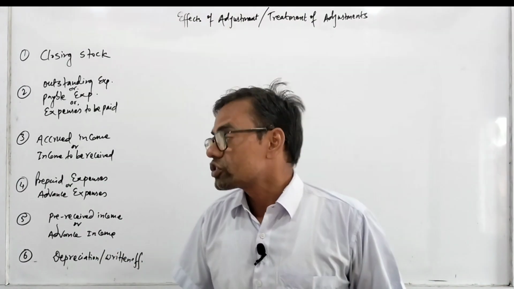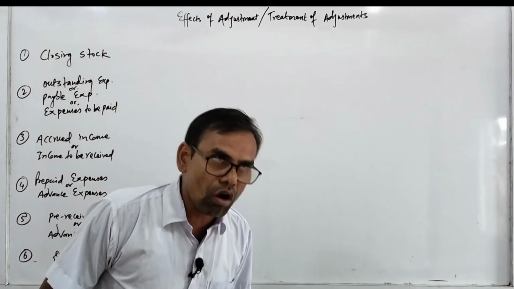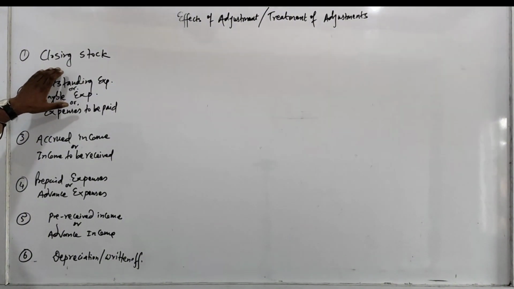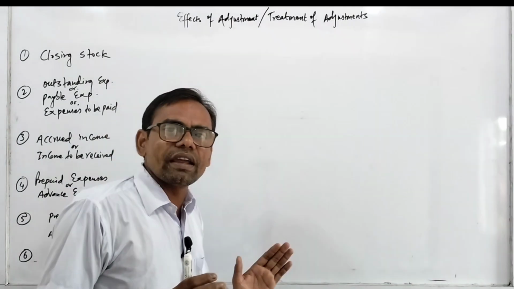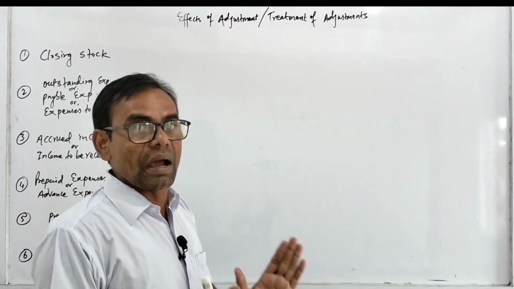Once again, items given in the trial balance are recorded in only one place, but if they are given outside the trial balance, they are recorded in two places: trading or P&L account, and balance sheet. So see closing stock. How do you treat closing stock? If it is given in the trial balance only, it is recorded on the asset side of the balance sheet.